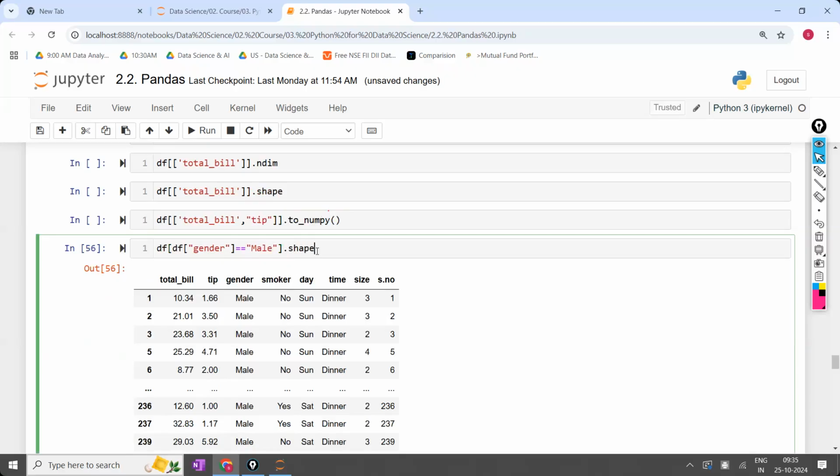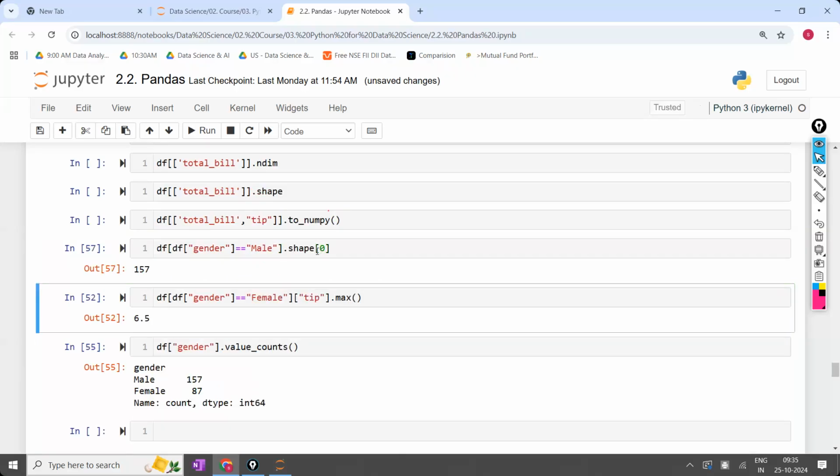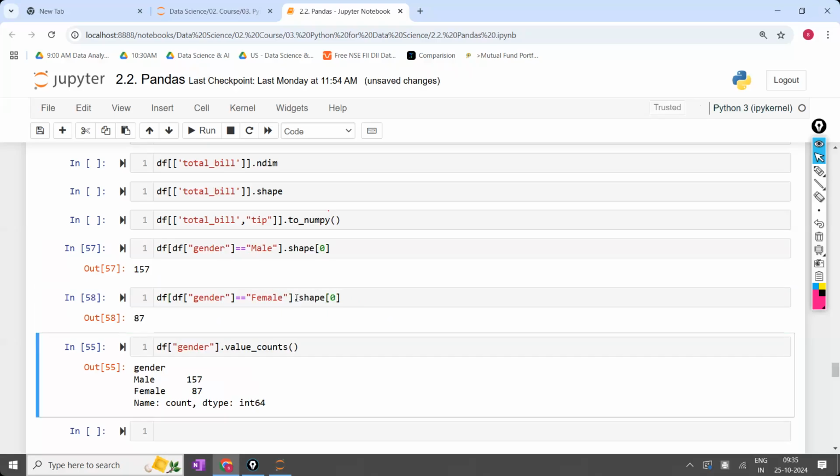Dot shape will give you the rows and columns, but I want only the rows. What do I have to do? Index of 0. So what is the number of rows? 157. And similarly for female, also dot shape and after that 0. What is the number of records? 87. Same answer. So in the back end of value counts, the same thing is applied.